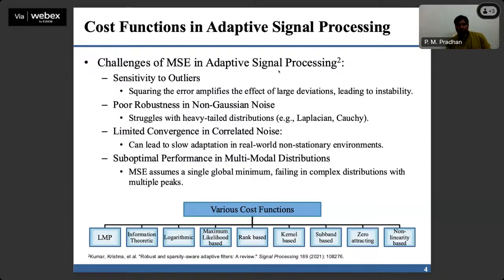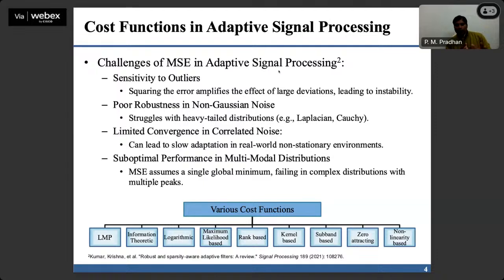The fourth one is suboptimal performance in multimodal distributions. If the system has a single global minima, or a single global maxima, then your mean square error is going to perform well.